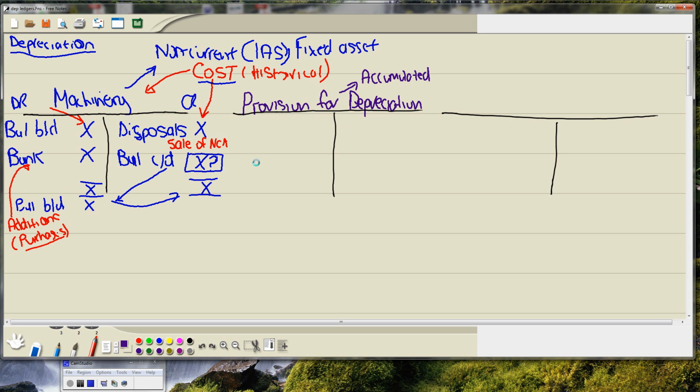So even after maybe several months, a non-current asset can lose value for various reasons, ranging from wear and tear, which is being used, maybe trends in the market, maybe it's not as in demand anymore, maybe there's strong competition from, say, if it's a vehicle, other brands that are more popular, maybe there are new versions of the non-current asset that the manufacturer then makes, so it's not as popular, so its value will diminish, it will reduce. So naturally we have to reduce the ledgers, because the rule in machinery is it's entered at cost.